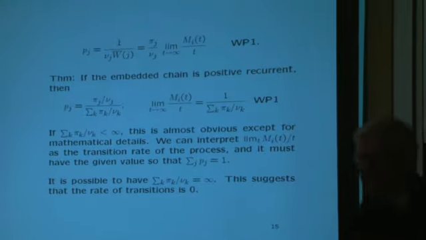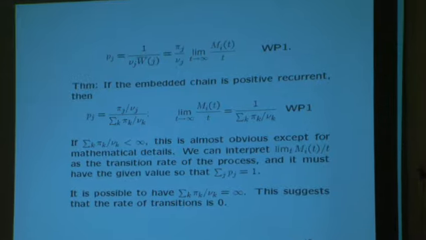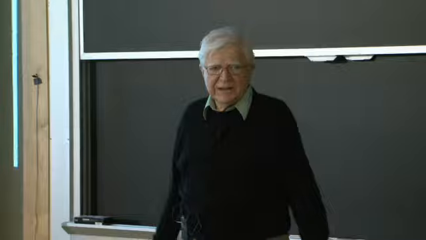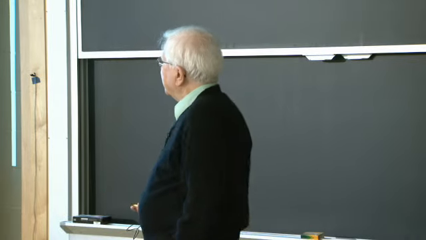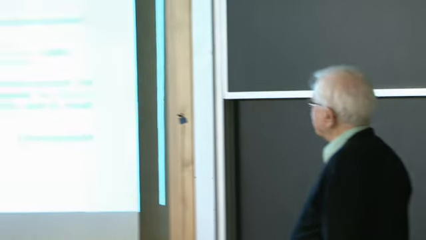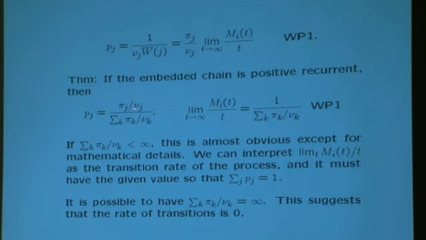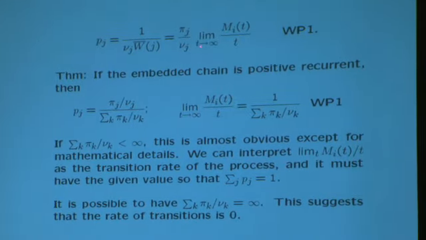Okay, so it seems like we haven't really made any progress, because before what we did was to normalize these p sub j's. We have to say they have to add up to 1, and let's normalize them. And here we're doing the same thing. We're saying p sub j is equal to pi sub j over nu sub j with this normalization factor in.